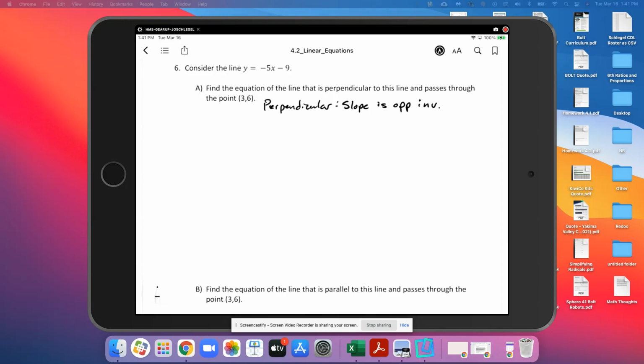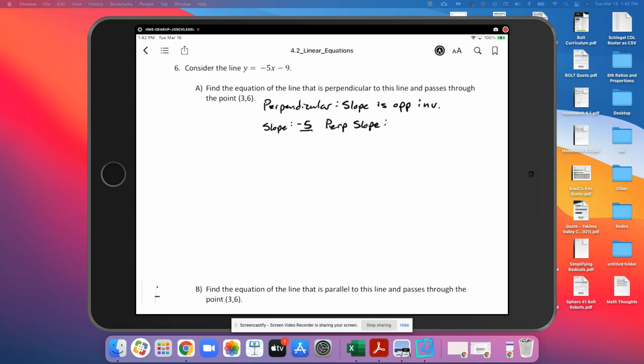So the opposite inverse of -5, our slope is -5. So our perpendicular slope would be the opposite of that, so it would be positive because our original slope is negative, and it would be the inverse, so we would flip it over.